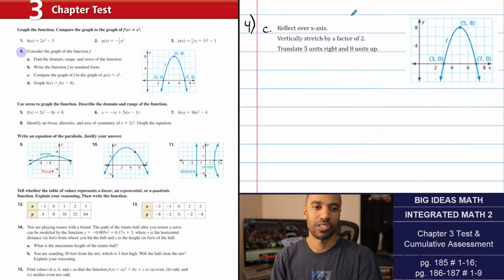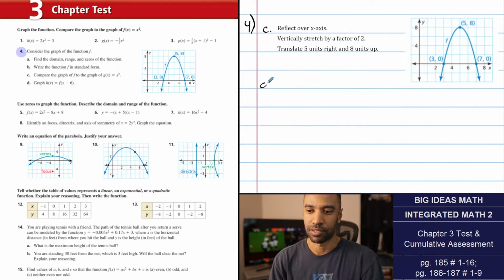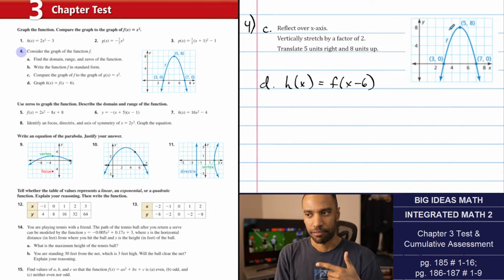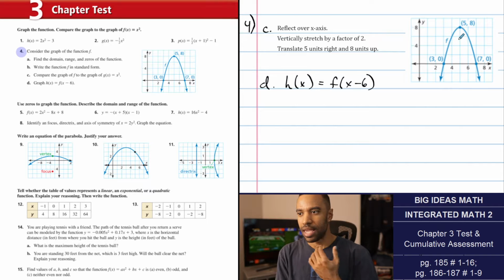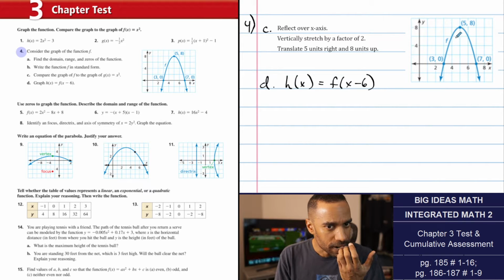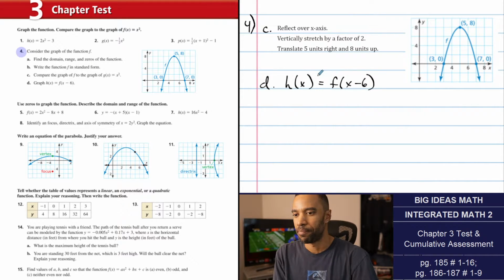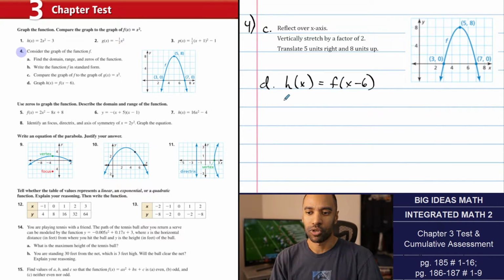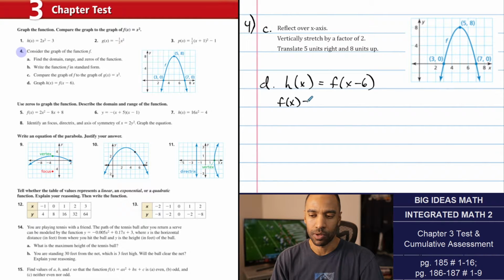Part D. Graph h of x equals f of x minus 6. So on this one, which one's f of x? This graph? Wait, compare the graph to x squared. Okay, I was making sure I did C correctly. So on this one, you have to think about what would happen inside of here if the original f of x was negative 2 times x minus 5 quantity squared plus 8.